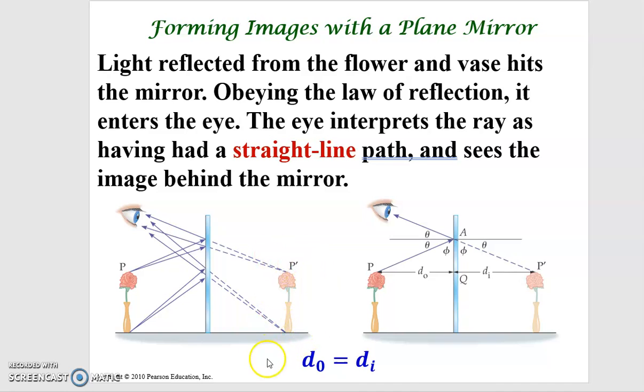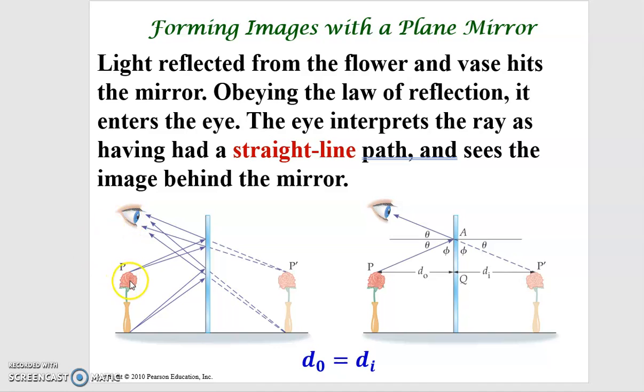This is the image you're going to see. Now I'm going to show you how the image is formed following the rule of reflection. The most important criterion is that the light from the flower should be reflected back into your eyes.